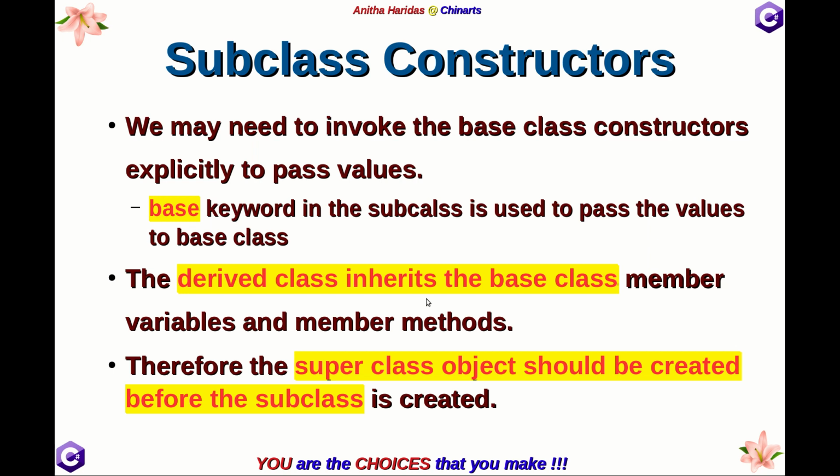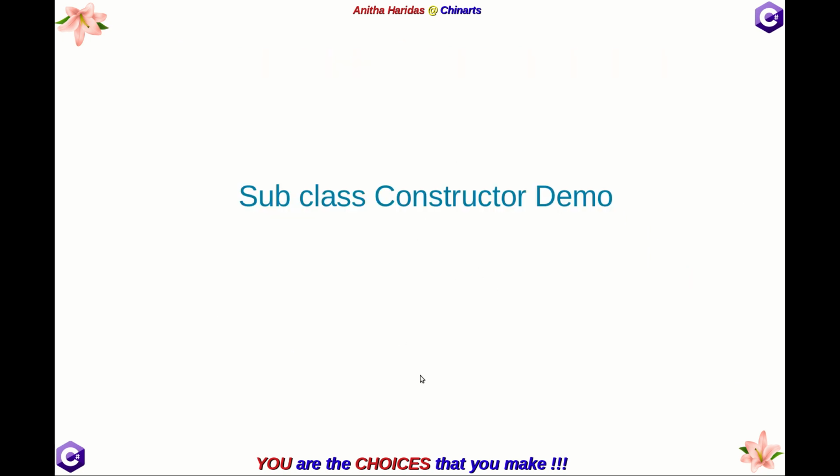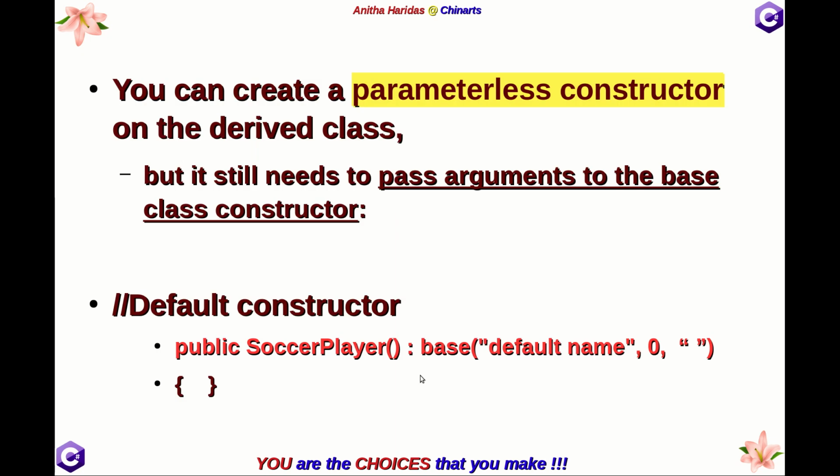The derived class inherits the base class member variables as well as the member methods. Therefore, the superclass object should be created before the subclass is created. So what happens? The superclass constructor will be invoked, only then the subclass constructor will be invoked, for which we have seen a demo program also.